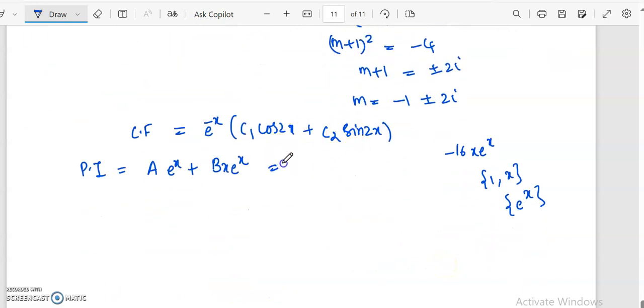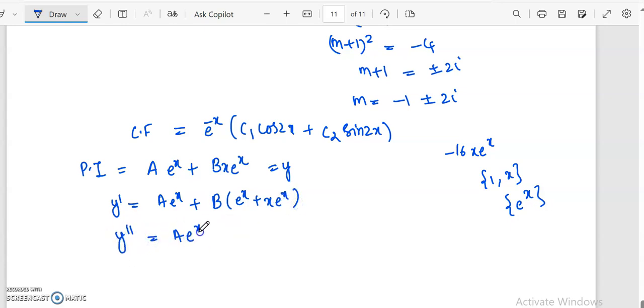So let us call this y. Now y dash will be a e raised to x plus b times the derivative of x e raised to x, which will be e raised to x plus x e raised to x, and the second derivative will be a e raised to x plus b e raised to x plus again e raised to x plus x e raised to x.